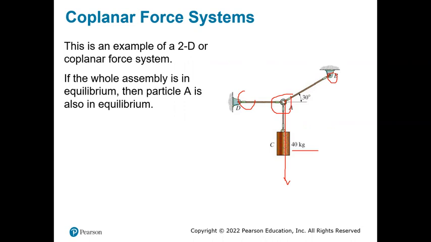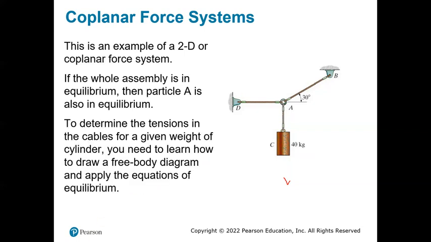So to determine the forces that are acting on the cables, given the weight, you need to know how to draw the free body diagram. Then apply the equilibrium. So that's what we're going to be looking at here. So how are we going to use the free body diagram?